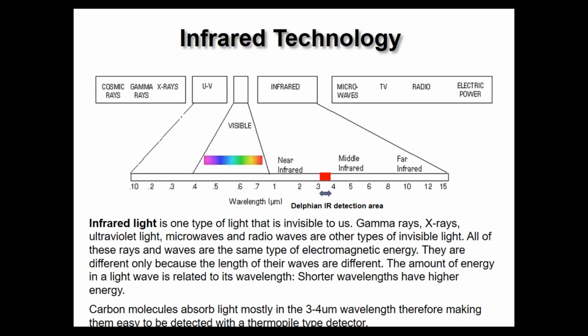What that means is that when that energy of light hits a carbon molecule, and that carbon molecule starts to vibrate, it's using up energy when it vibrates, and that light wavelength is absorbed. Therefore, if you were trying to look at a carbon molecule using light, you could come up with the conclusion that when that light disappears for some reason, there must be something in the way of that light absorbing it, so the detector can no longer see that wavelength of light.